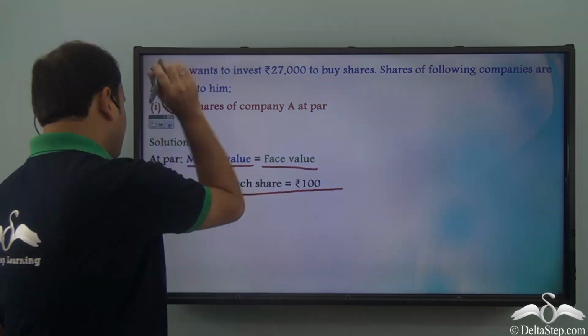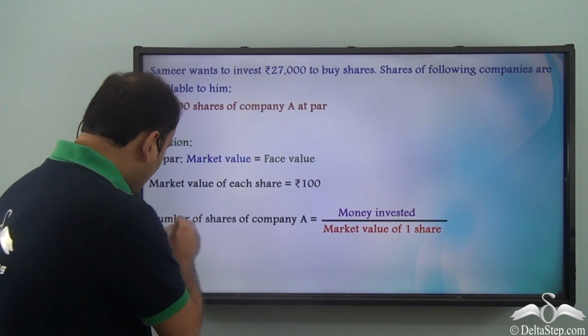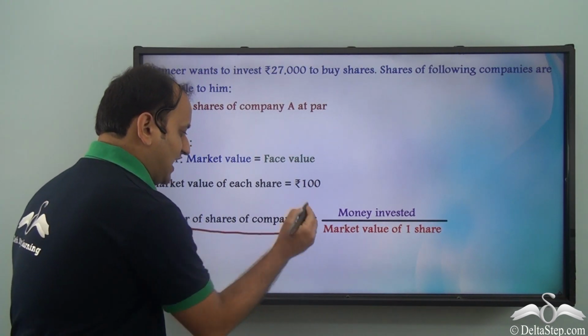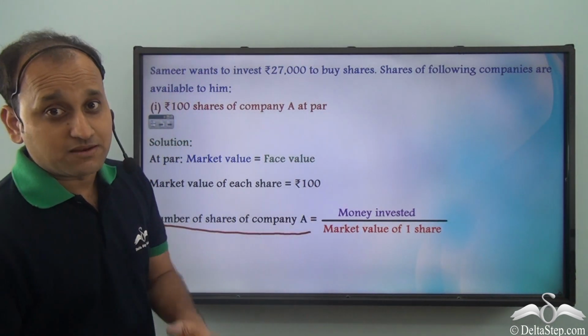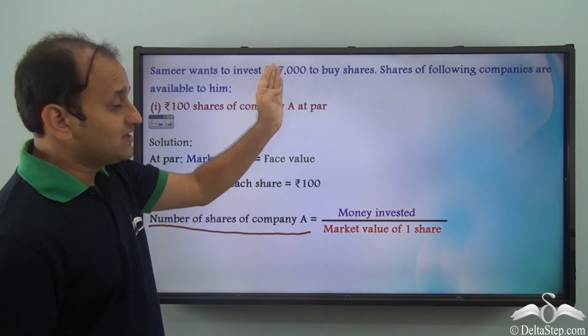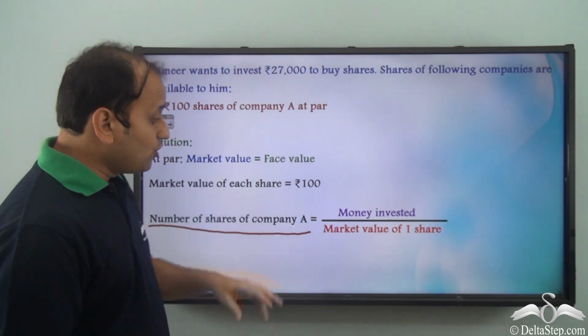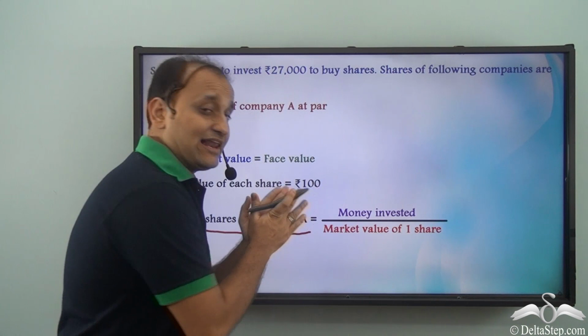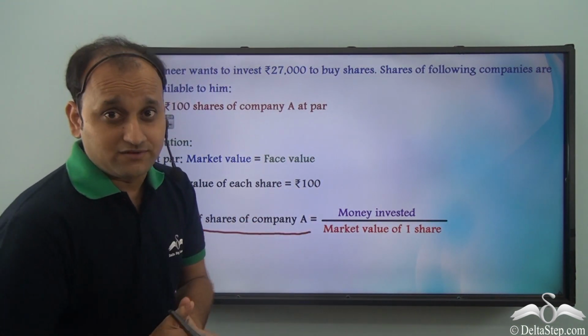Now we need to find the number of shares of company A which he can buy for 27,000 rupees. So how will we calculate that? It's very simple.